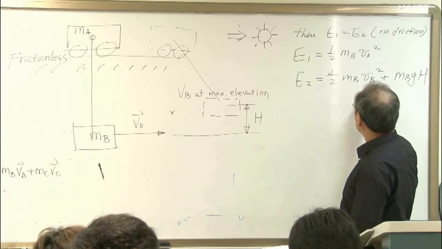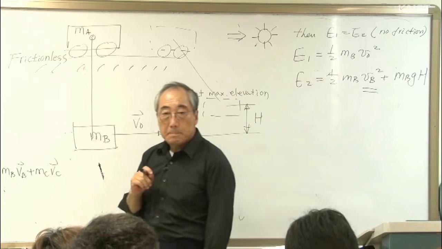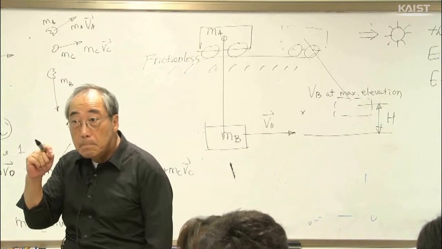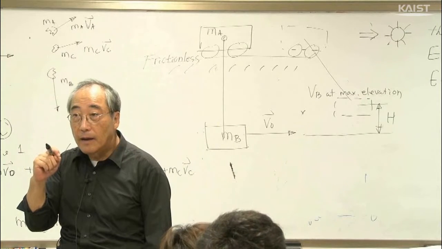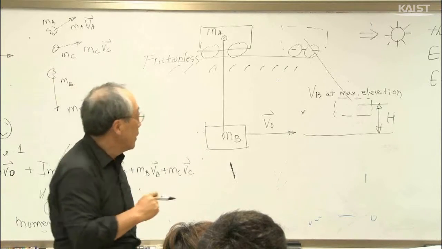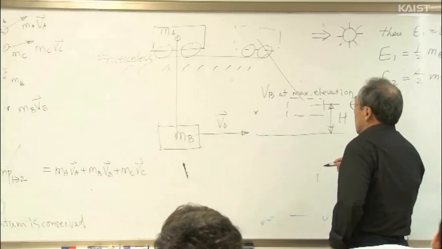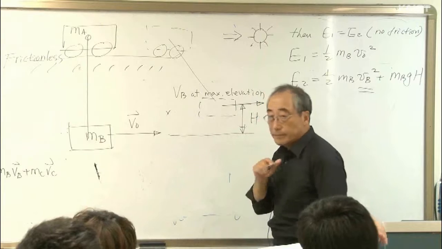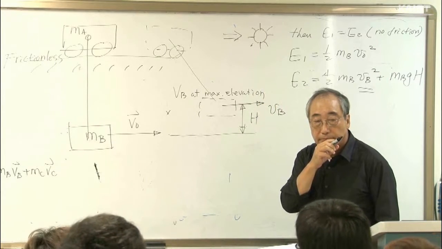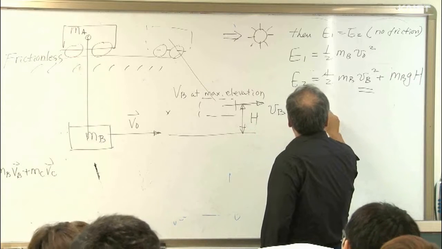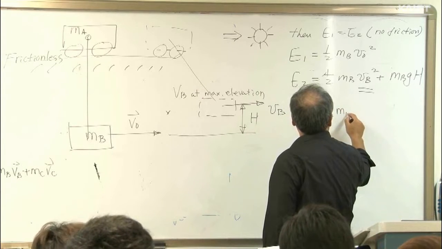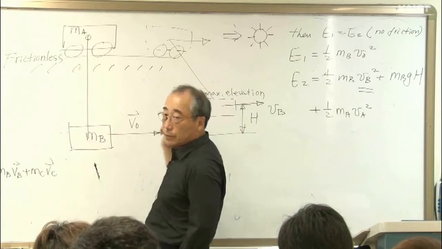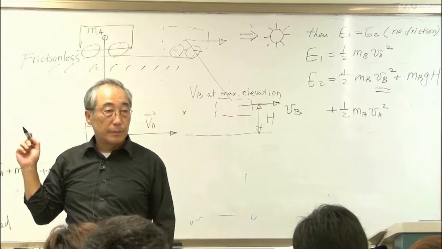What is this vv? What do you mean by this? Okay, that's good. So he said VV is the velocity in this direction. I think there should be MA VA too, because this is moving too.